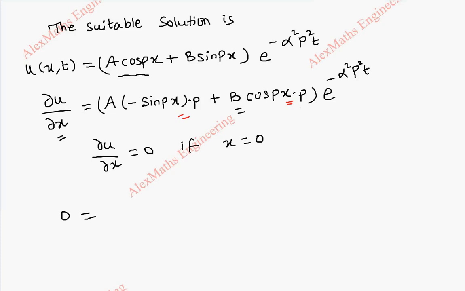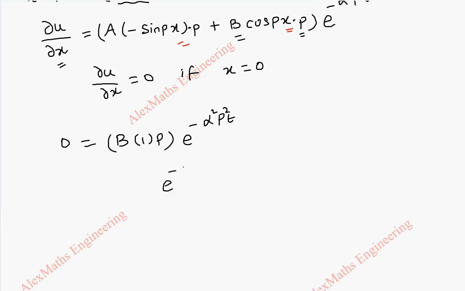We have only B, and cos 0 is 1, and we have p, and we have e^(−α²p²t). e^(−α²p²t) is not possible to be 0, and p also is not possible to be 0. Therefore, the only option is that this constant B must be 0.